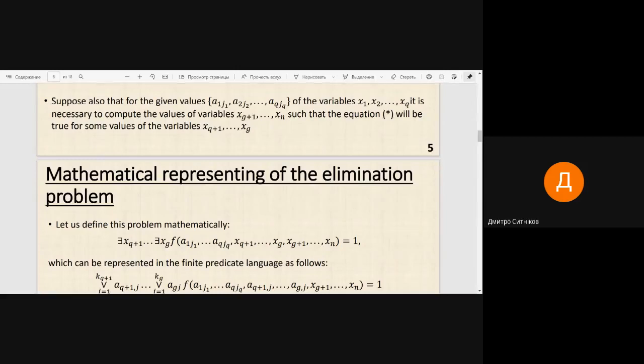We call such elementary predicates recognition predicates. Suppose also that for the given values of the variables x1, x2, and so on, xq, it is necessary to compute the values of variables x q plus 1, and so on, and xn, such that the equation will be true for some values of the variables x q plus 1, and so on, xn.